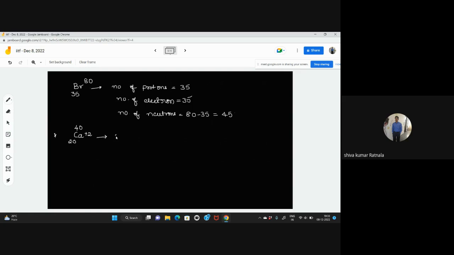In this one, the number of protons is 20 as it is. Number of electrons, 18. And number of neutrons, 20.